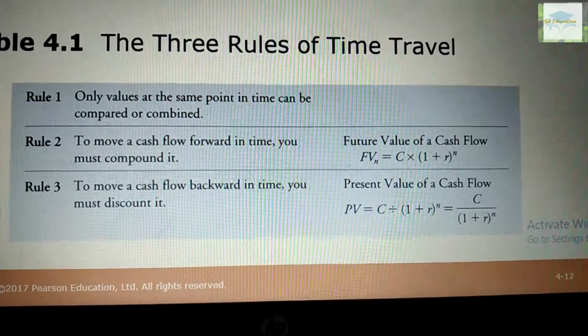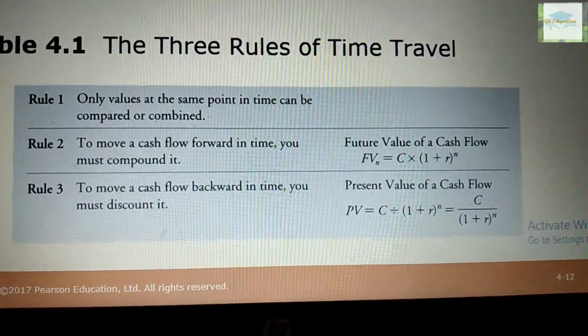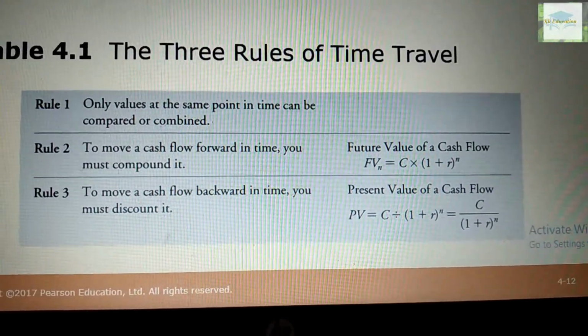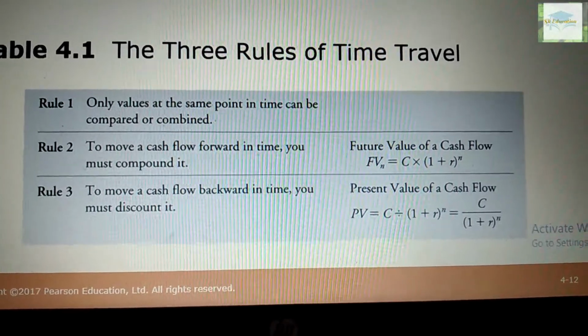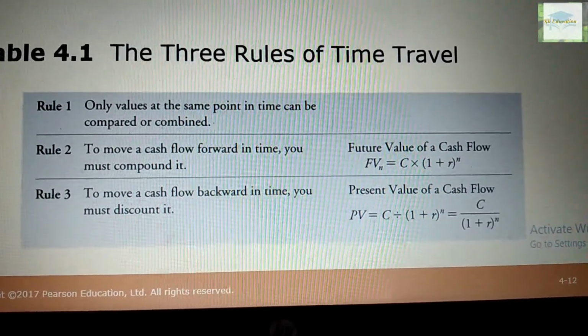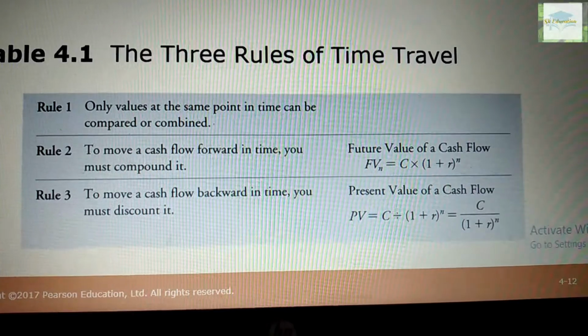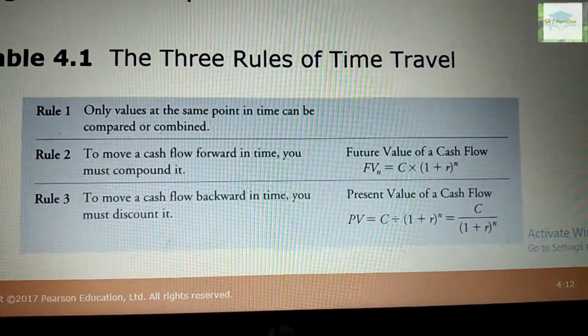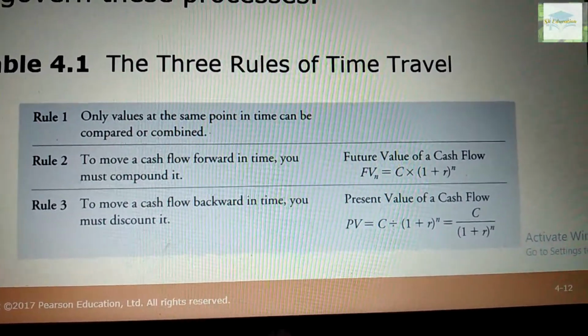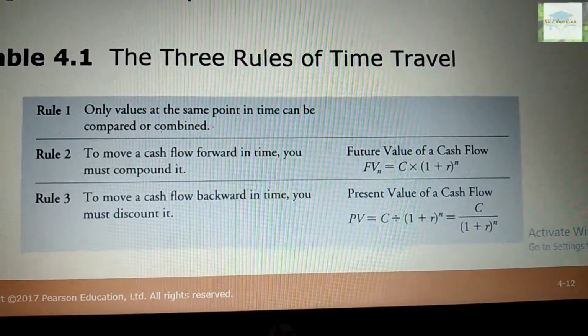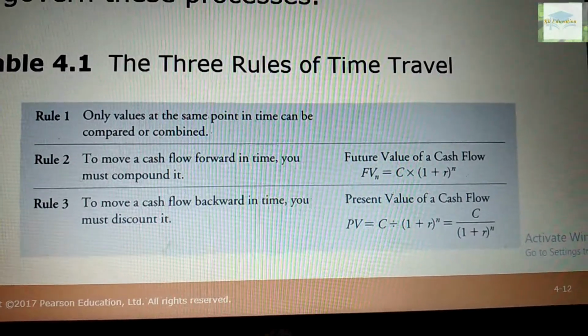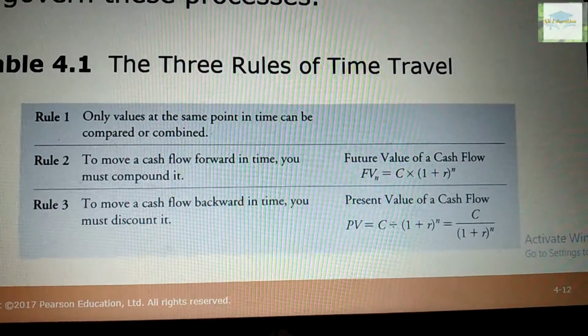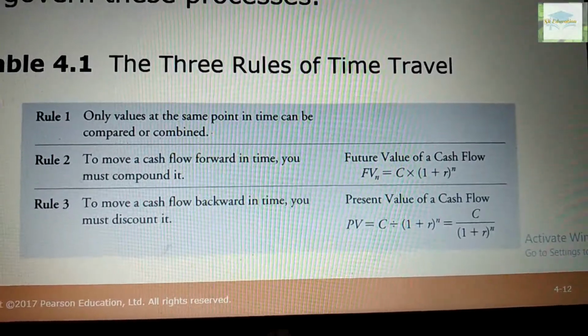Students, now we are going to find the future value and present value. Here is the formula for the future value and present value of cash flow. Just go through this formula. Look, the future value FVN is equal to C into (1 plus R) to the power N. This is the future value formula of cash flow.